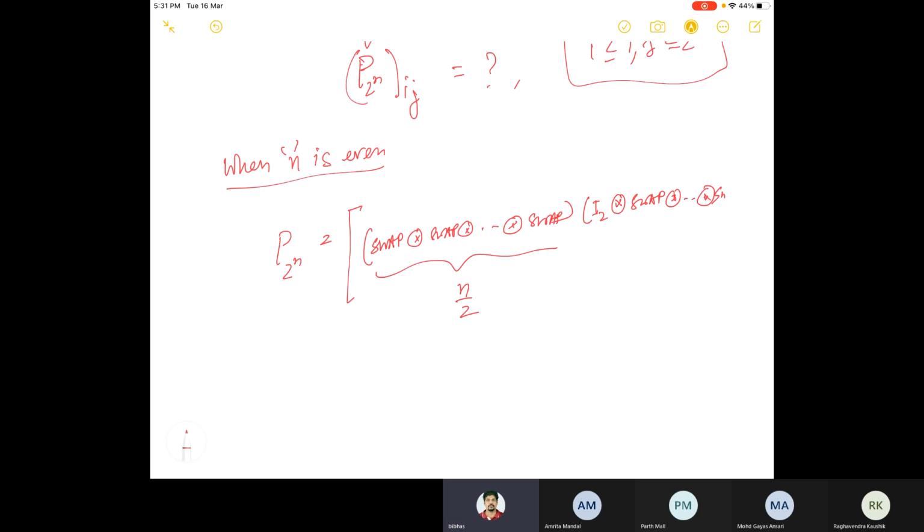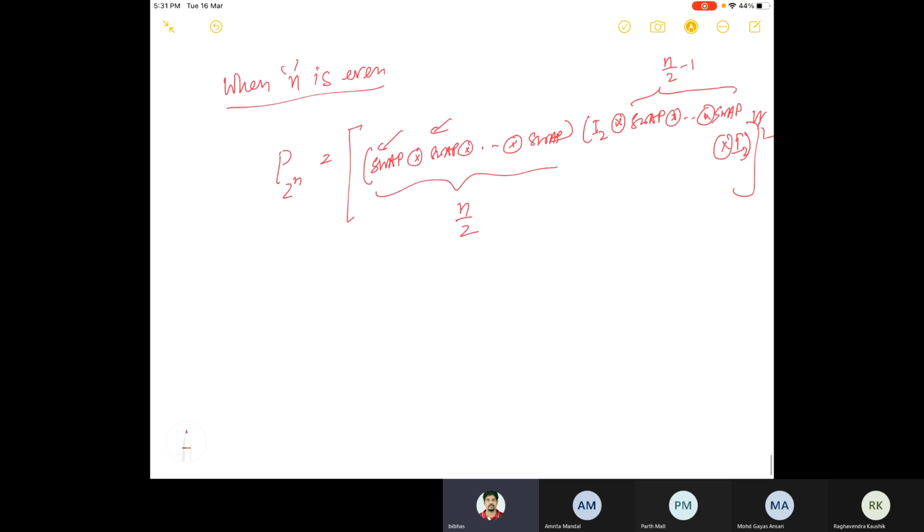Swap times I2, to the power n by 2, and here it is n by 2 minus 1. These are the swap gates, so each of these is a matrix of order 4 by 4.